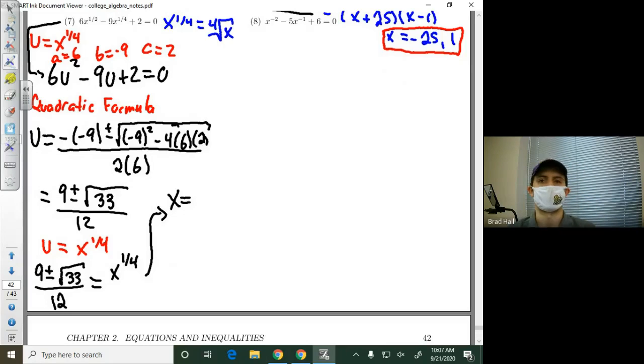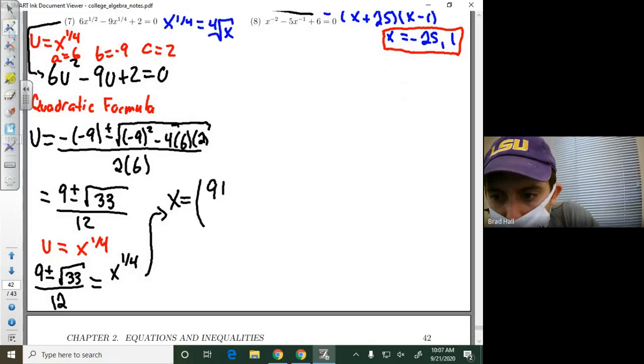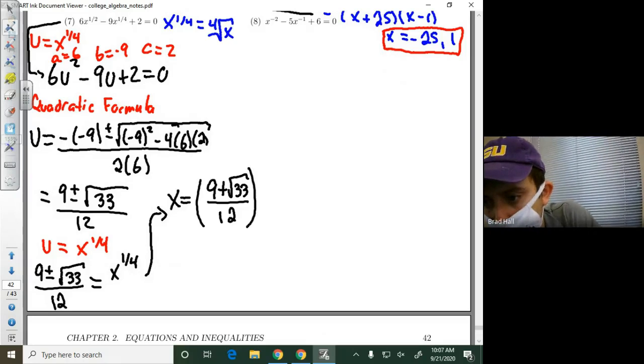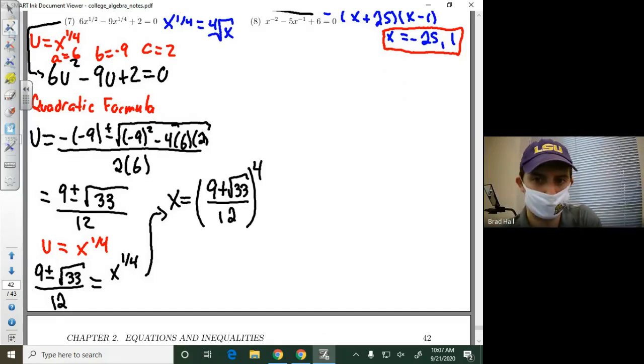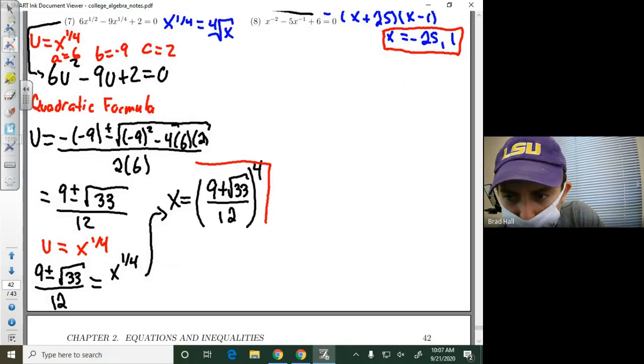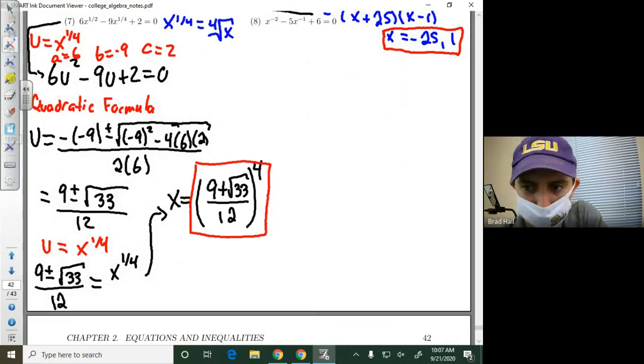So to get rid of the 4th root, you have to take a 4th power, which means the final answer will be that whole value of u raised to the 4th power. And I promise this is the answer that you put into my math lab, right there.